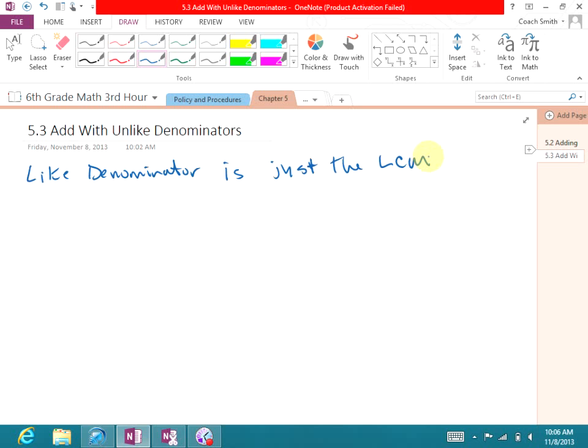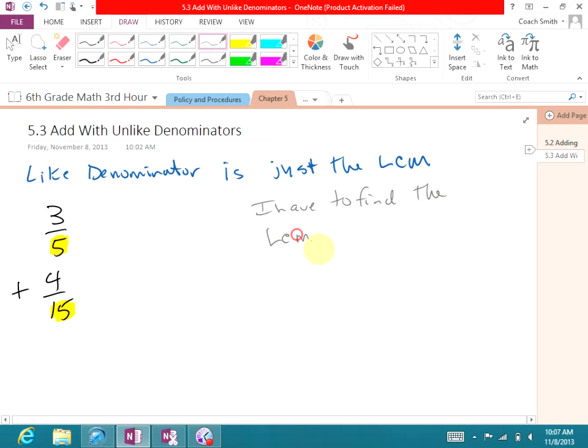So, if I have two fractions, if I have 3/5 plus 4/15, okay, those denominators are not the same. So what I have to do is this. I have to find the LCM of 5 and 15.